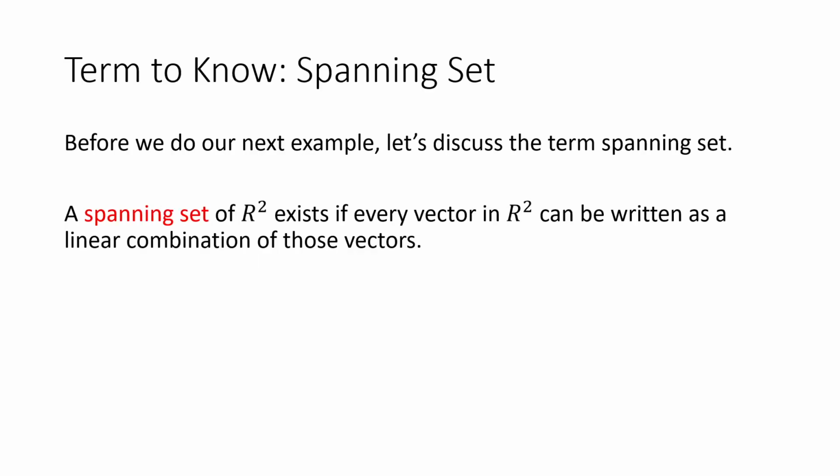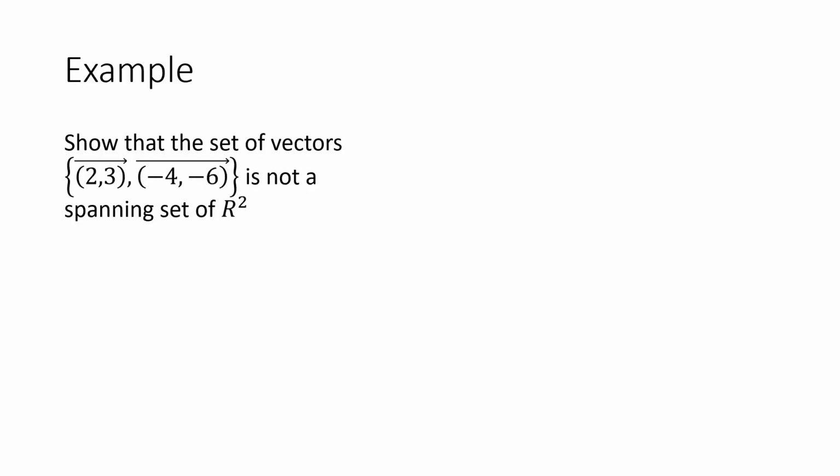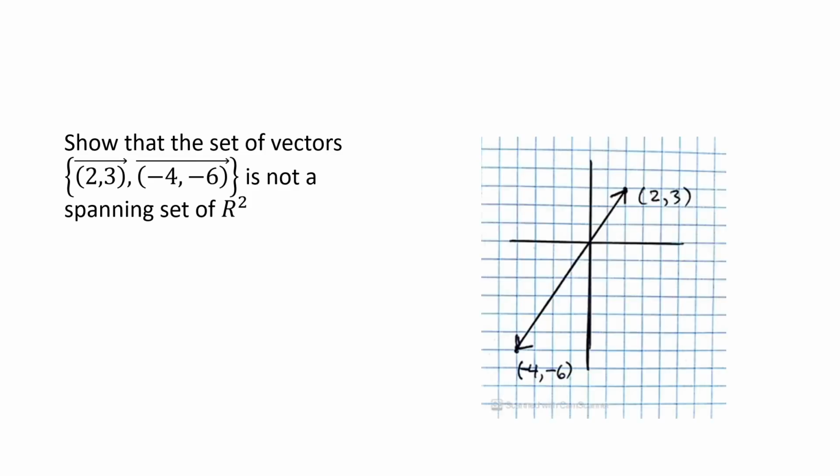Now, before we can do our next example, let's discuss the term spanning set. A spanning set of R2 exists if every vector in R2 can be written as a linear combination of the vectors in the set. So what we want to do now is show that the set of vectors (2, 3) and (-4, -6) is not a spanning set of R2. If we draw (2, 3) and (-4, -6), we get the graph shown.